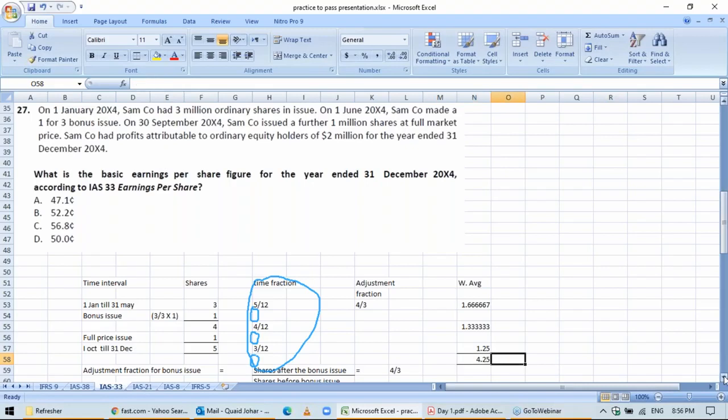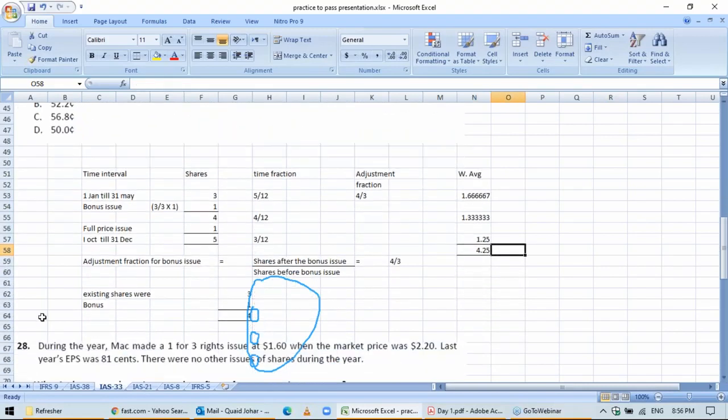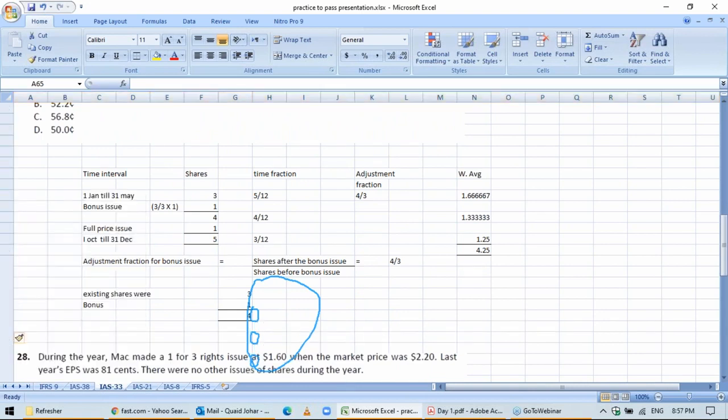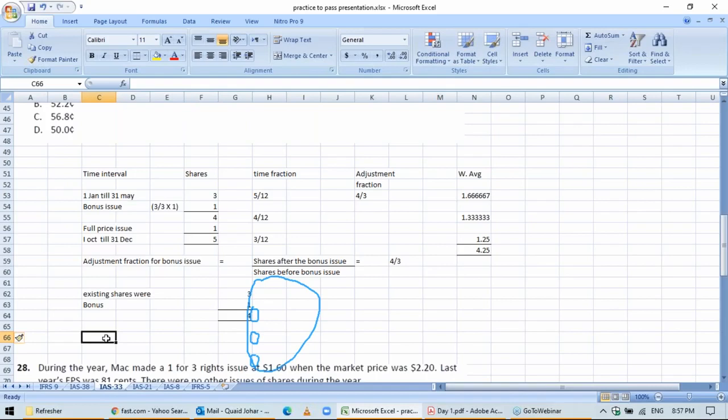So that's the weighted average number of shares, and now we will calculate the EPS. So EPS for the year is the profit for the year, which was 2 million, divided by the weighted average number of shares, 4.25 million.